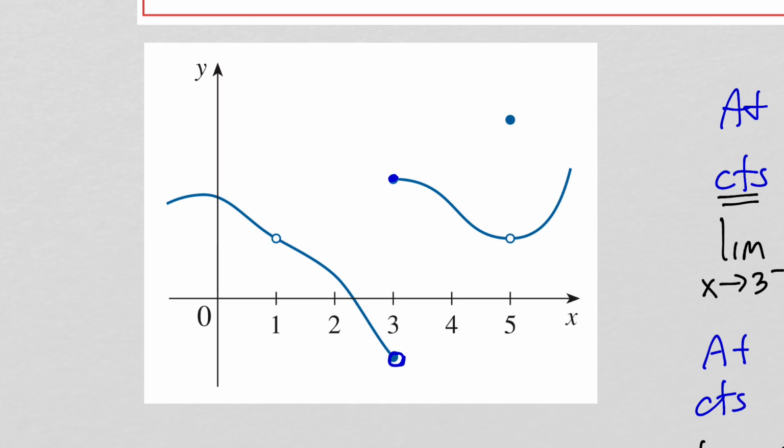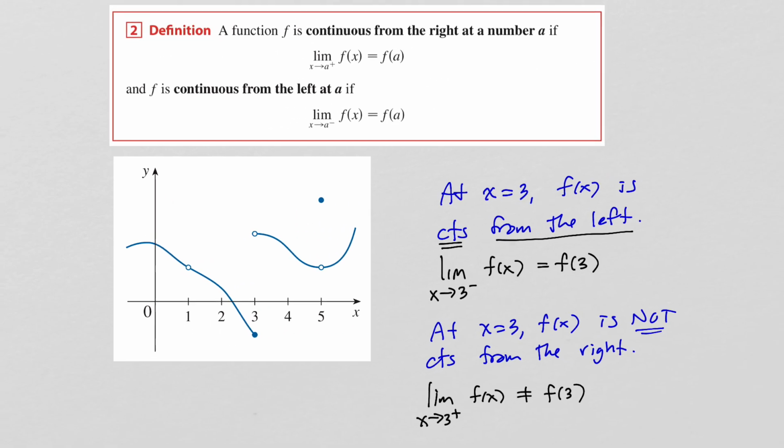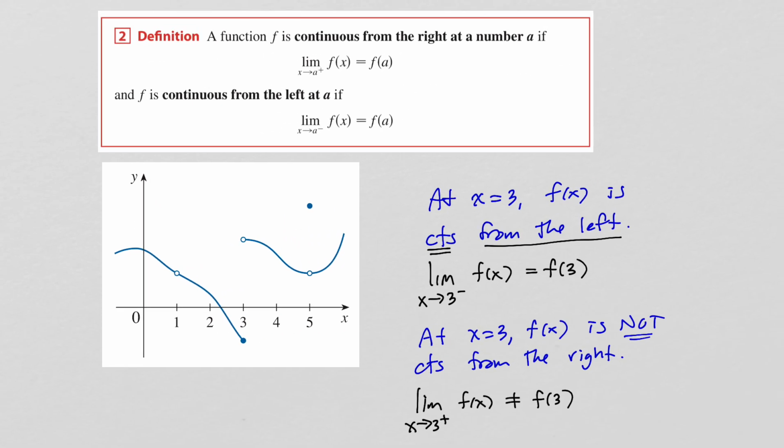And as a final note here, please notice that I cannot do this, right? I cannot fill in both points, because if I do that, then it's no longer a function, because f of 3 can only be one value. It cannot be two different values. So this is the concept of continuity from the left and from the right.